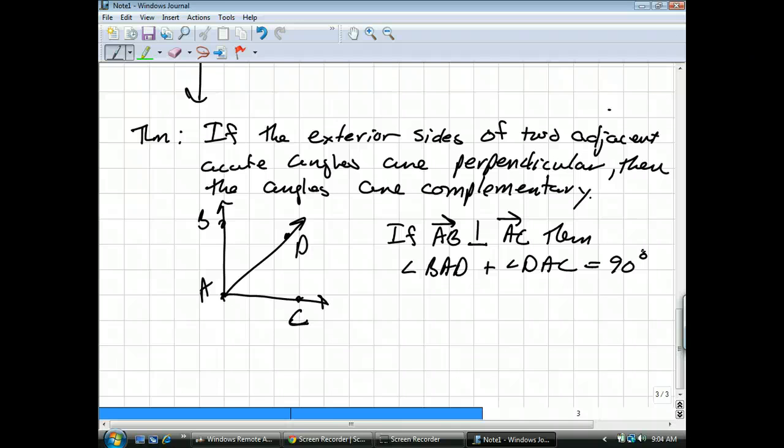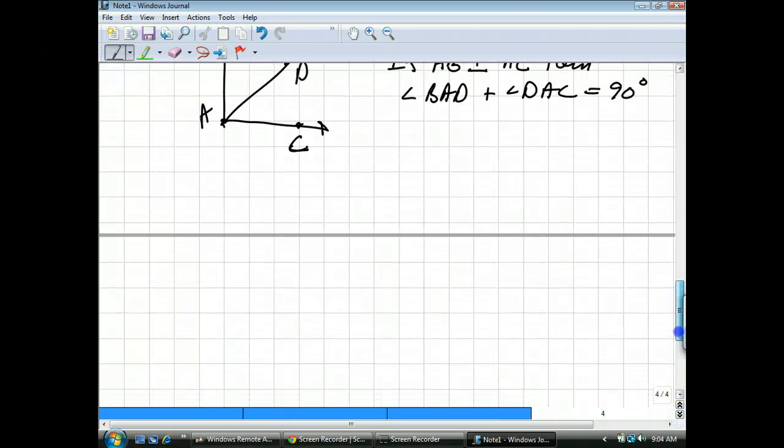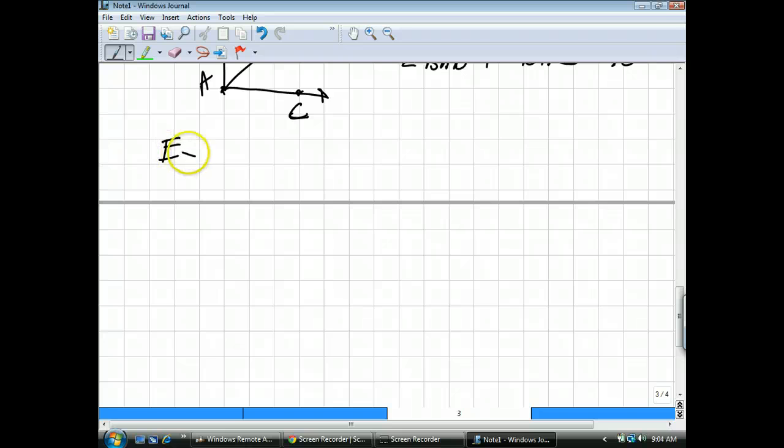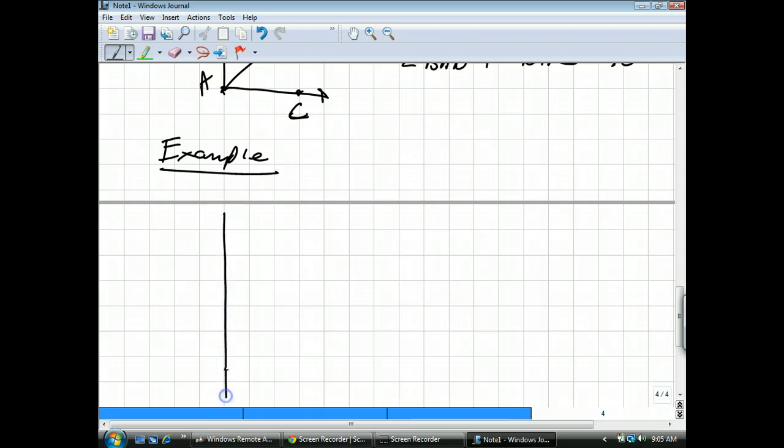Right? So let's look at some examples that apply these theorems and definition. Okay, so example. I have two lines, line WY and line ZX, which form angle 1, 2, 3, and 4.